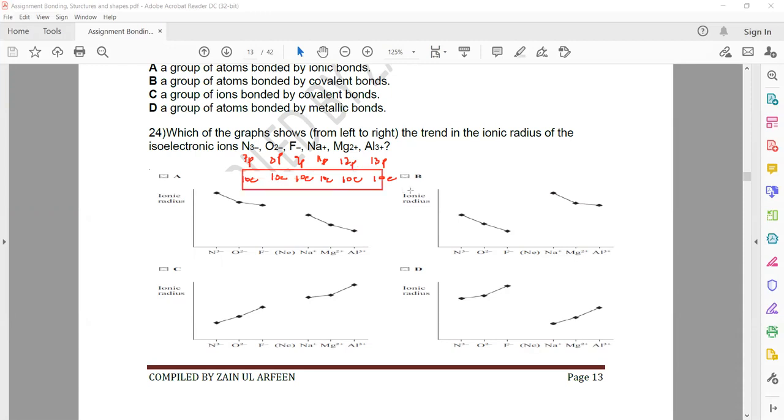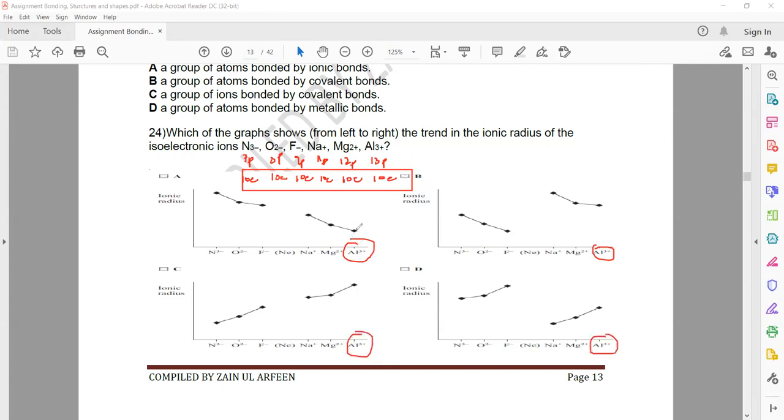So aluminum size should be much smaller as compared to any other in this series, because the force of attraction, as 13 protons are attracting 10 electrons, will be stronger. So aluminum should be the smallest size. So when you check, you can simply identify, like this is aluminum, aluminum, aluminum, and aluminum.